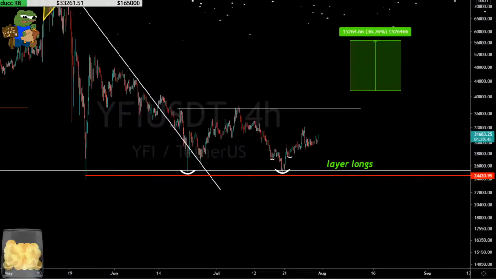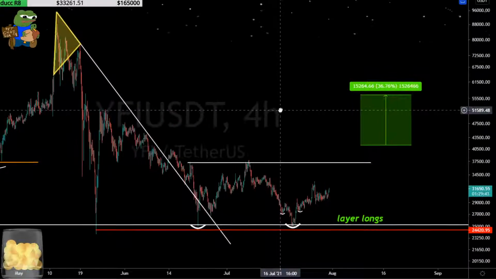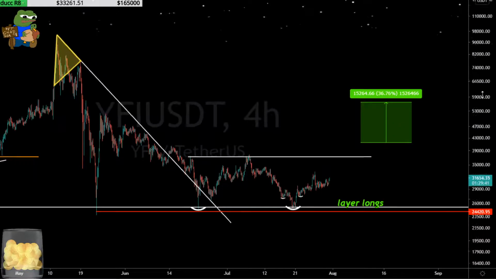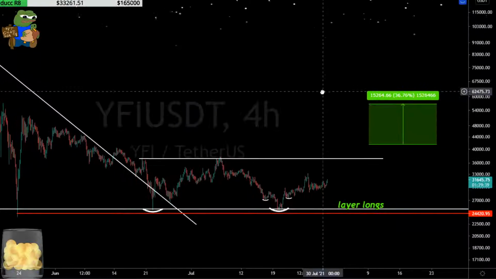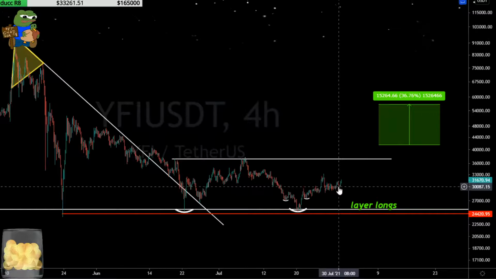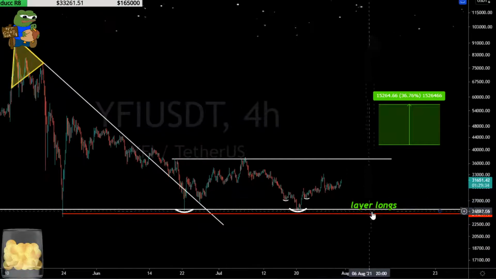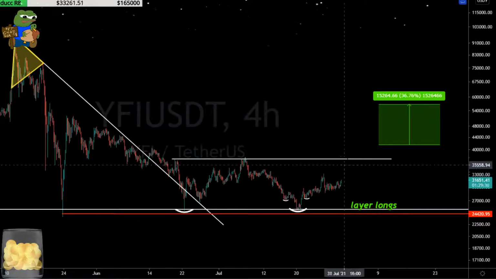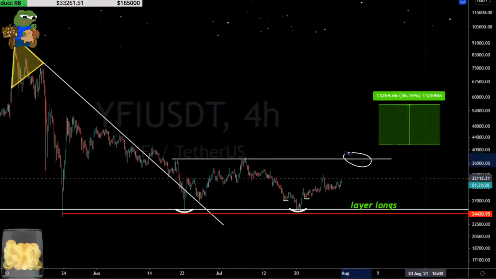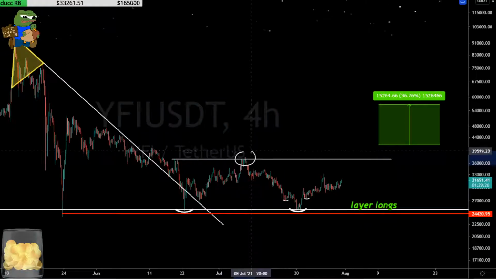Okay, Wi-Fi. Yeah, this is looking pretty nice as well, guys. This seems to be lagging a bit, where a lot of the other assets are up here. Wi-Fi, you did get that test initially.